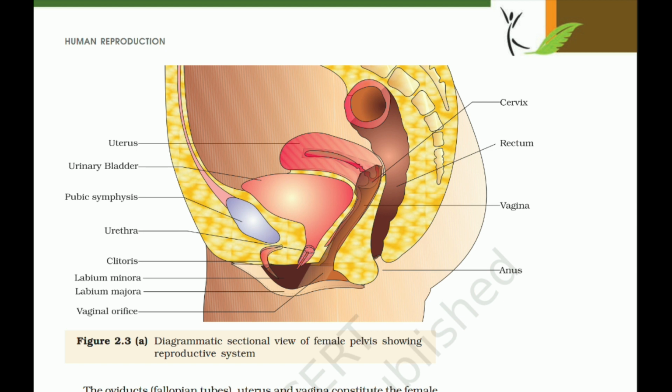Figure 2.3a: Diagrammatic sectional view of the female pelvis showing the reproductive system: cervix, rectum, vagina, anus, vaginal orifice, labia majora, labia minora, clitoris, urethra, pubic symphysis, uterus, urinary bladder.